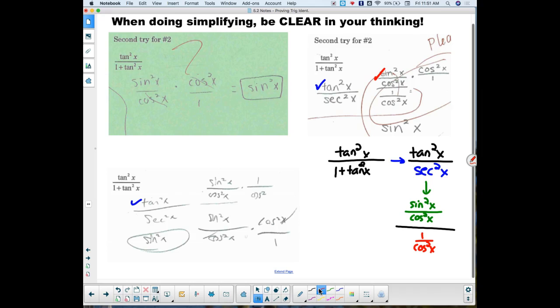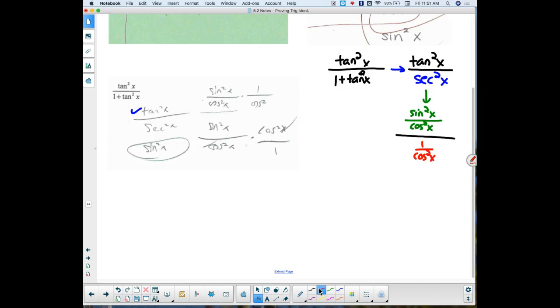Okay. Then I would write this as sine squared of x over cosine squared of x times cosine squared of x over 1 as a separate step so that I can clearly see my thinking.